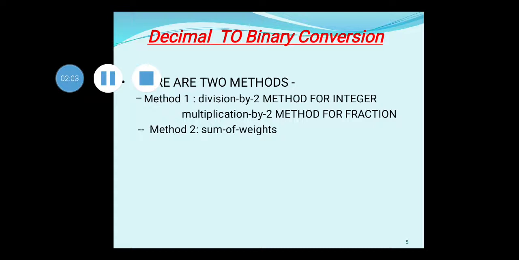If you have only an integer number, then we have to follow the division by 2 method, and if we have a fraction, then we have to follow a multiplication by 2 method. And if we have integer and fraction both in the decimal number, then we have to follow both the methods. The second method is the sum of weights method. So we'll start with the very first method in the coming slide.